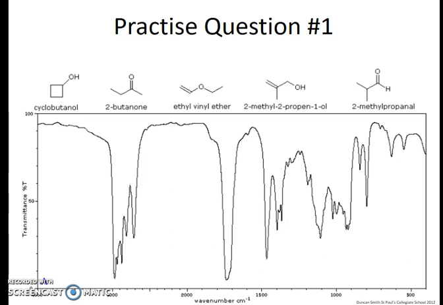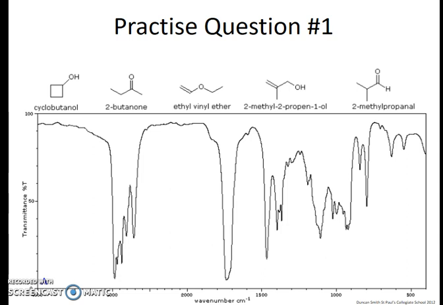That would, to me, indicate a carbonyl group, and given the possible structures I've got, it's going to be either an aldehyde or a ketone. I have 2 possible structures that I've been provided with, 2-butanone and 2-methyl-propanal. So the next question is: is it an aldehyde or a ketone?